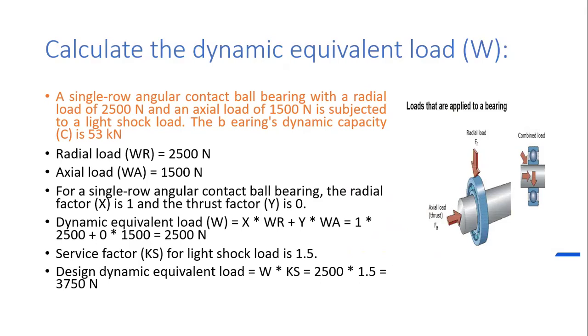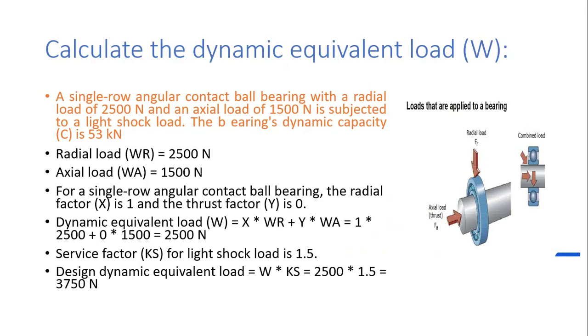So these are the two loads that will influence each other when the bearing rotates. Now we have to find out the coefficient between these two loads by dividing axial load by radial load, 1500 Newton by 2500 Newton. So we will get a coefficient 0.6.